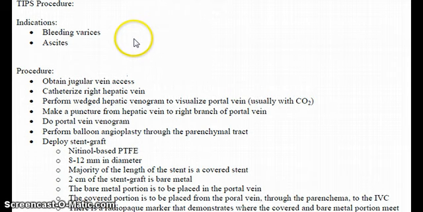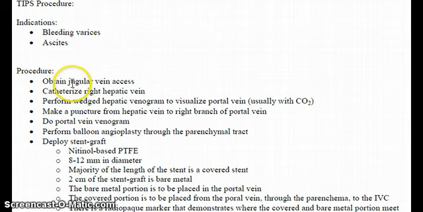Real quickly, the TIPS procedure. The indications or reasons for doing a TIPS procedure, the two most common, are bleeding varices, where the theory is that it would reroute the blood so it wouldn't go to the varices anymore and they wouldn't bleed, and also ascites.